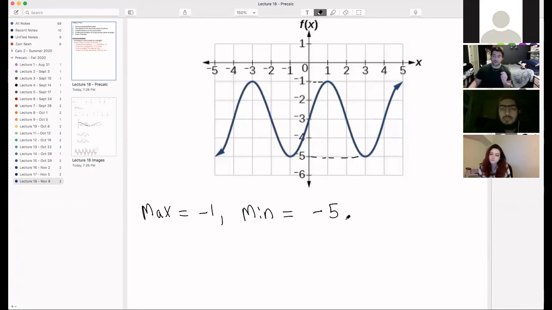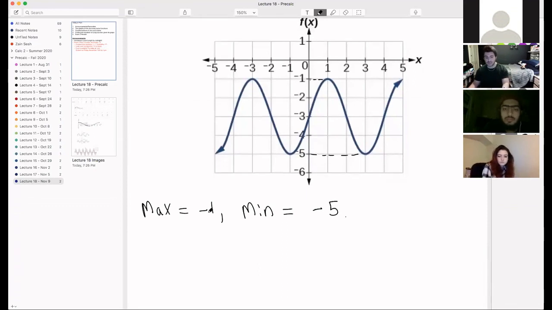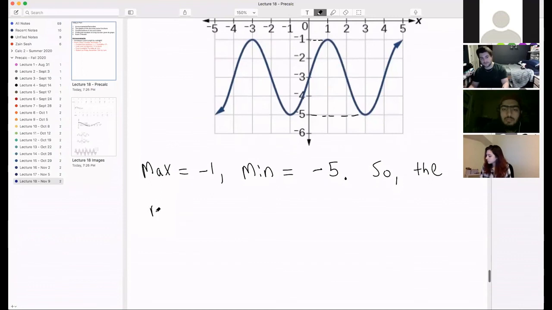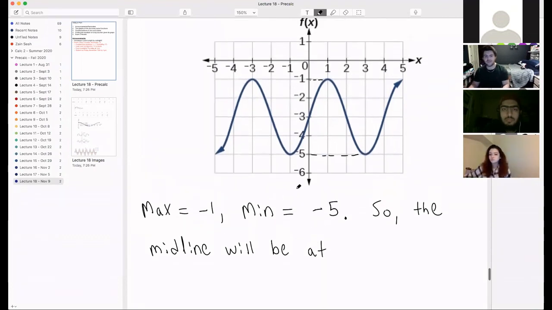And I start with this because halfway between the maximum and minimum will be the midline. So the midline will be at, okay, what's halfway between -5 and -1?